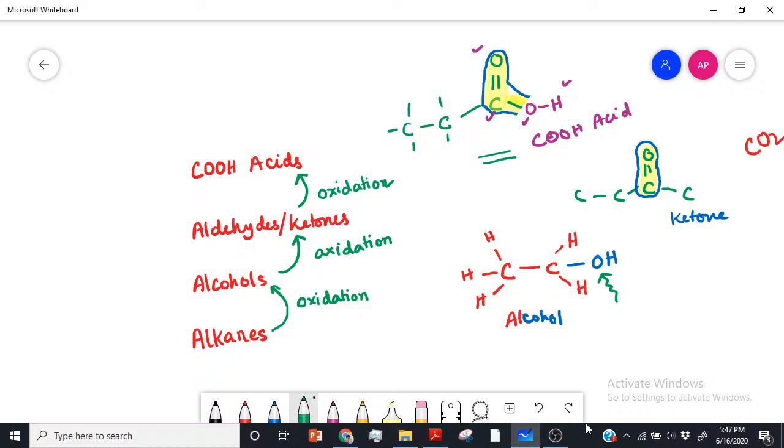Now if these steps are oxidation, then the reverse direction will be reduction. Yes or no?